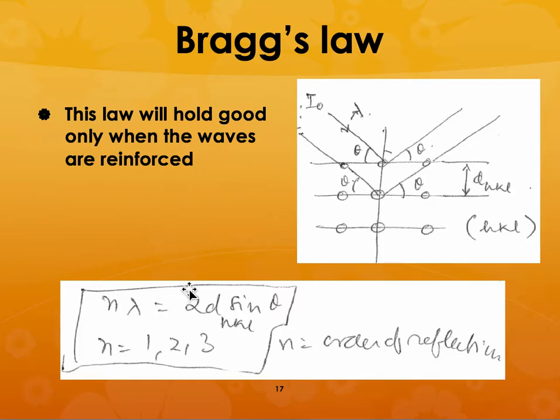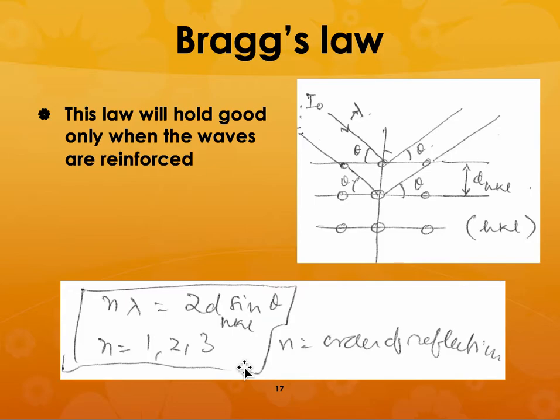So what is Bragg's law? Bragg's law states that if you have an incident beam at a specific wavelength lambda, you will get a reinforcement of the beams at a particular angle theta, and it is given by this relationship: n lambda is equal to 2d sine theta, where d is the d-spacing of that particular atomic plane, and n can vary from 1, 2, 3, and so on.